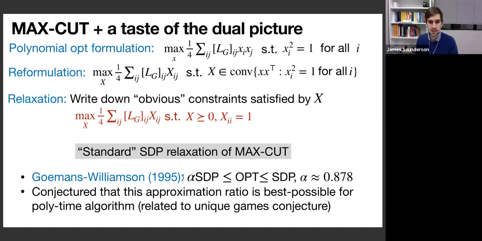But if you take the worst case point of view, and you assume some complexity theoretic assumption that I don't understand super well, then there's a conjecture that this is really about the best you can do. So it's an interesting situation where although we have this hierarchy of bounds, in the worst case, it may be the case that the zeroth, the very first bound is as good as possible in the worst case.